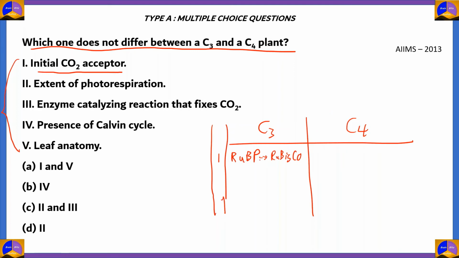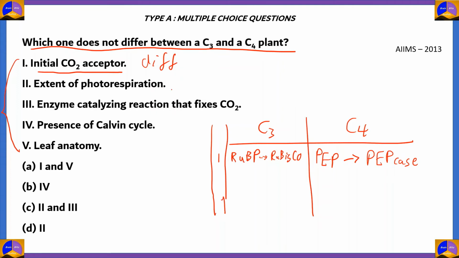However, in C4 plants, while this process also occurs, the initial CO2 acceptor is actually PEP, or phosphoenol pyruvate, as given in the first question. And the enzyme which is used to fix the carbon dioxide accepted by this CO2 acceptor is PEPcase, or phosphoenol pyruvate carboxylase. So as you can see, the initial CO2 acceptor is different in C3 and C4 plants.